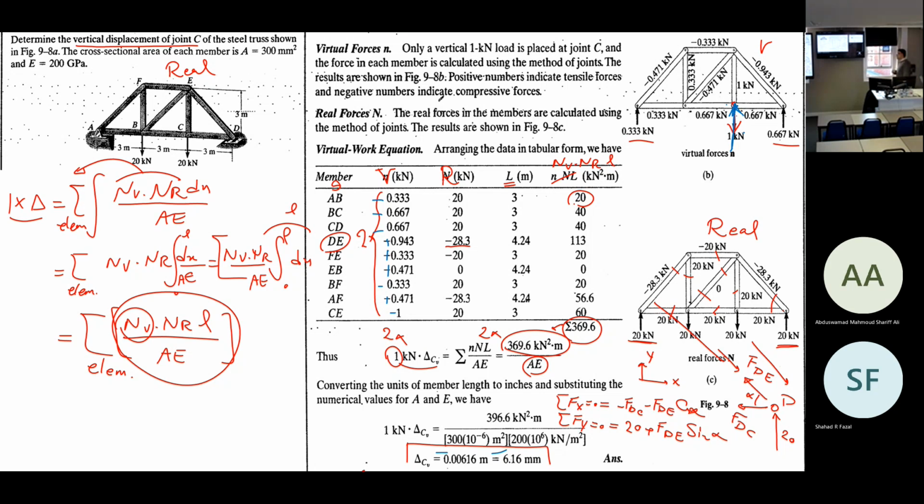So the sign of the final value for the deformation tells you which direction is really the correct direction of the deformation. Right? Any question?